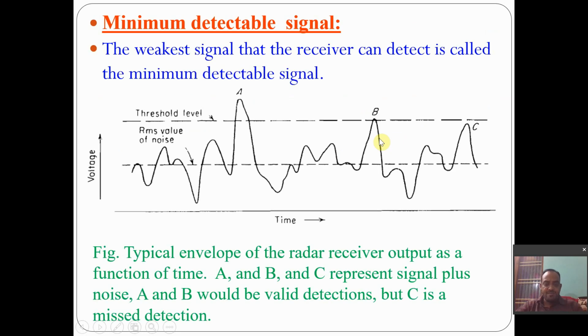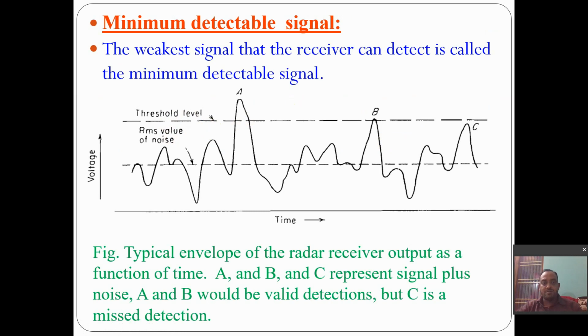So it is the decision of the operator who sets the threshold level from time to time, depending upon the meteorological conditions and the size of the target he wishes to detect. He should dynamically change the threshold level and have a good detection. So that is called minimum detectable signal.